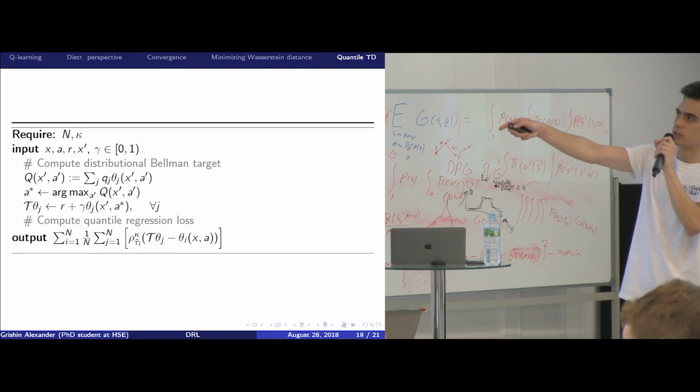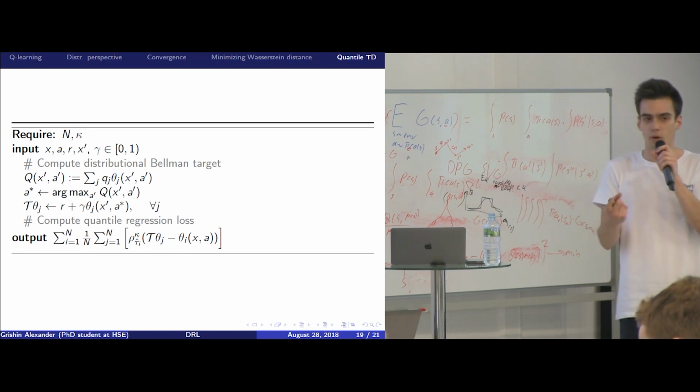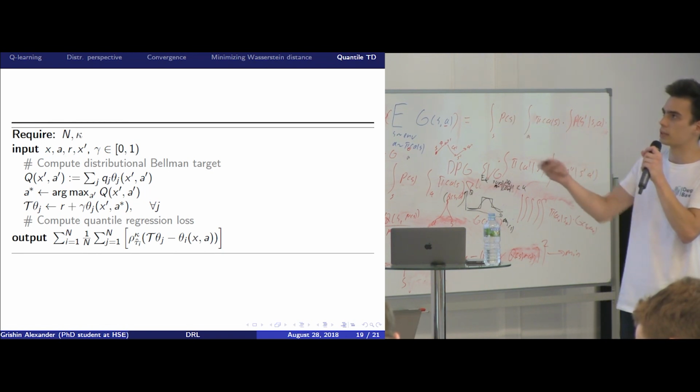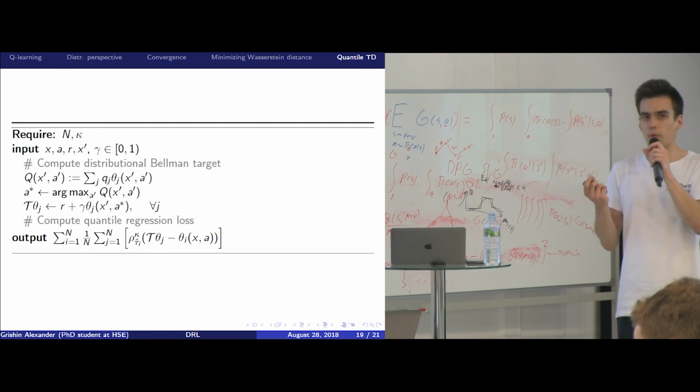And we come up with the first hyperparameter, which is the number of delta functions, and the second, which is the parameter of the Huber loss.